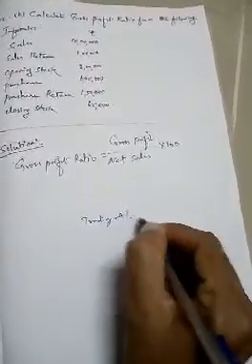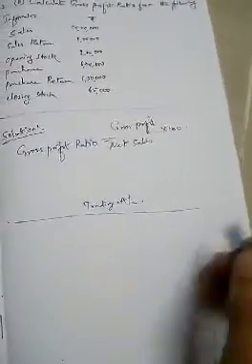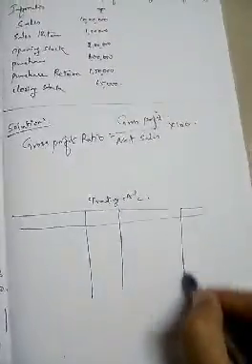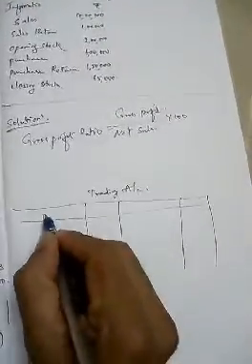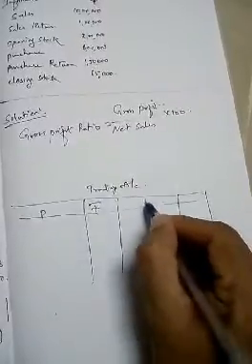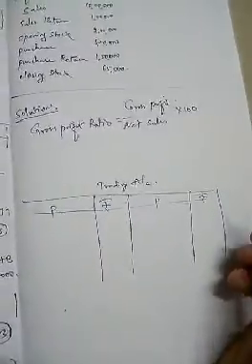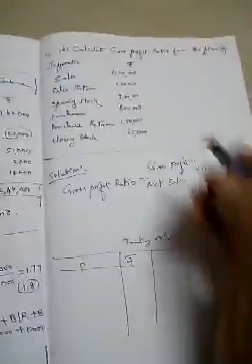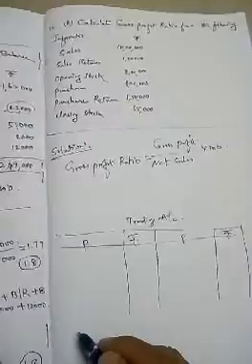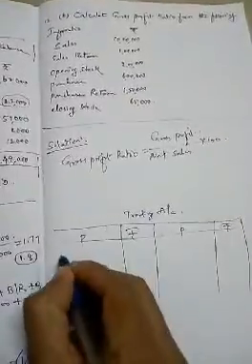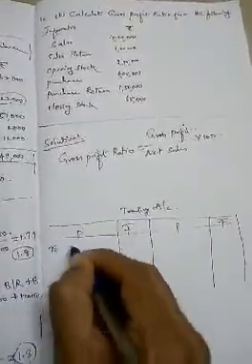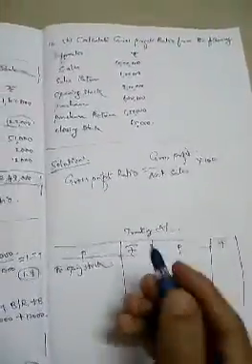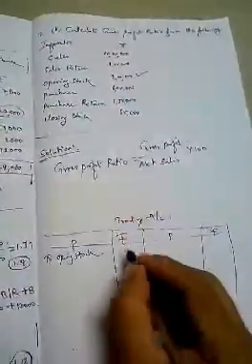Trading account you may have in the T shape. Debit side, credit side, particulars, rupees, particulars, rupees. Now we go through the debit side and see what things may come. See the questions and go through the answer. On the debit side you get opening stock. What opening stock did they give? 2 lakhs.